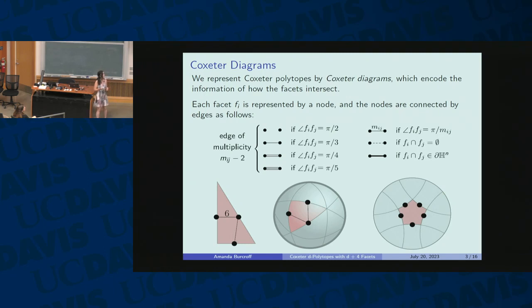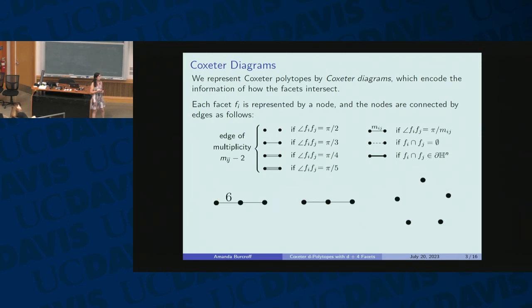If we take our polytopes here, and we are just interested in the non-dashed lines, then we will connect, for example, in our 30, 60, 90 triangle, the two nodes corresponding to the 30-degree angle by an edge with label 6, and a single edge for the angle of 60 degrees.